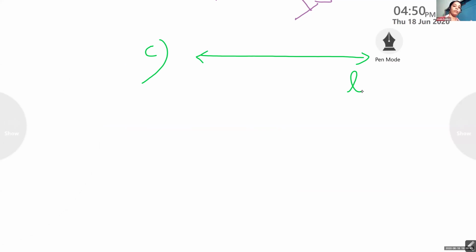What are the names of those points? E and F. But D is not in this line. So where will you keep D?